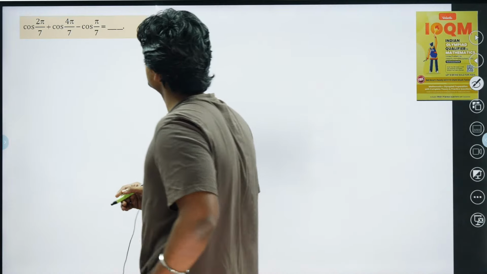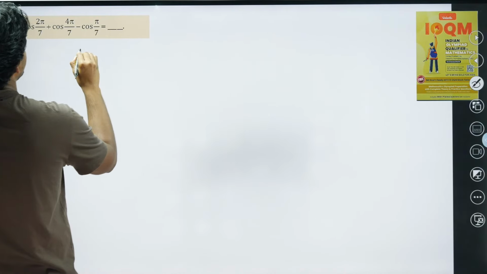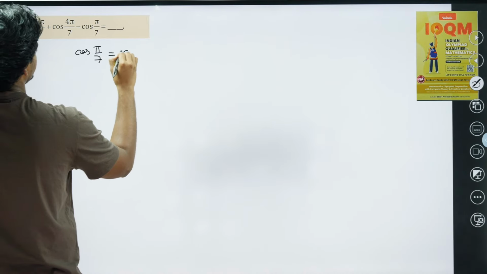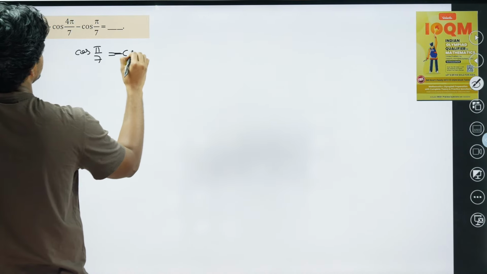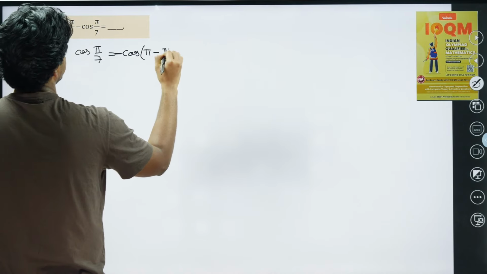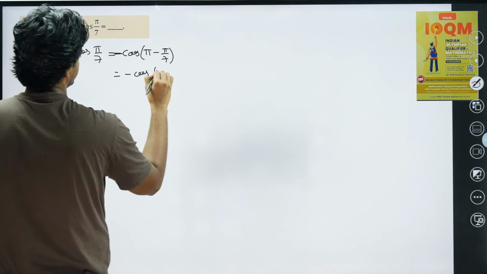For one thing, cos pi by 7 can be written as minus cos pi minus pi by 7, which is minus cos 6 pi by 7.